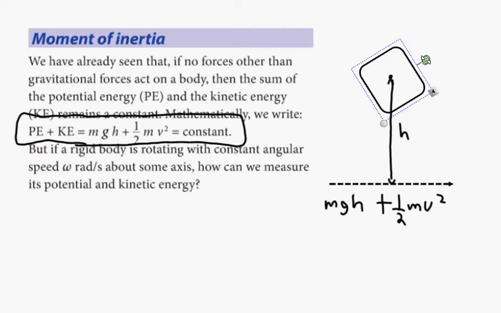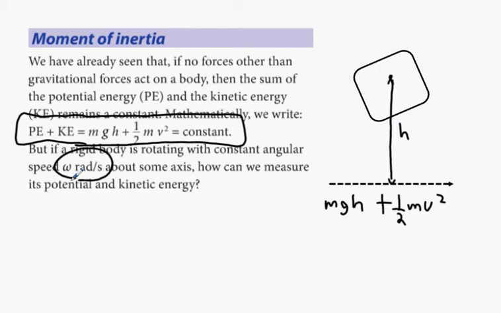We need to find the angular velocity. Remember we did it in circular motion, where omega is the angular velocity, how much angle you cover per second, or radians per second, about some axis. How can we measure its potential and kinetic energy?